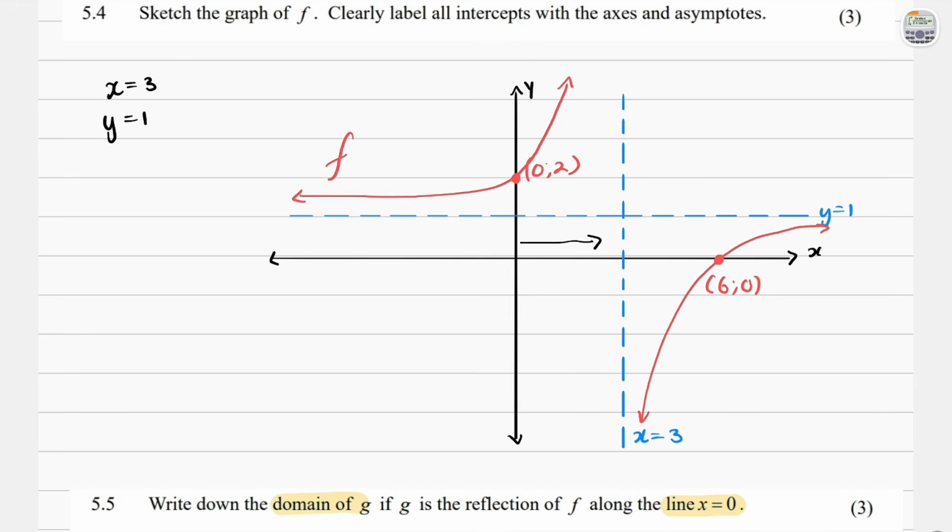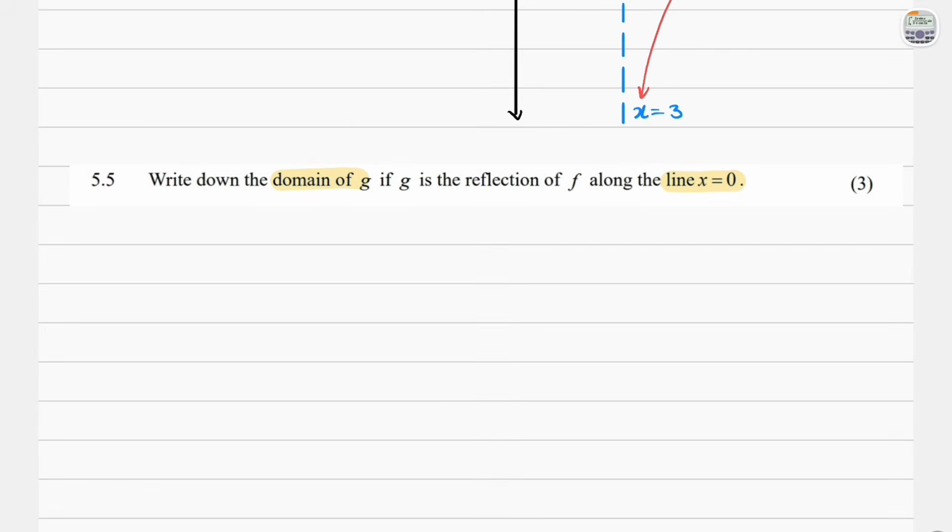The reflection would now appear from the y-axis exactly the same number of units to the left. So you'd go 3 units to the left, and now you are at this point where the vertical asymptote is x equals negative 3. So that's exactly what happens. It gets reflected across the y-axis. The graph of g now has a vertical asymptote of x equals negative 3.